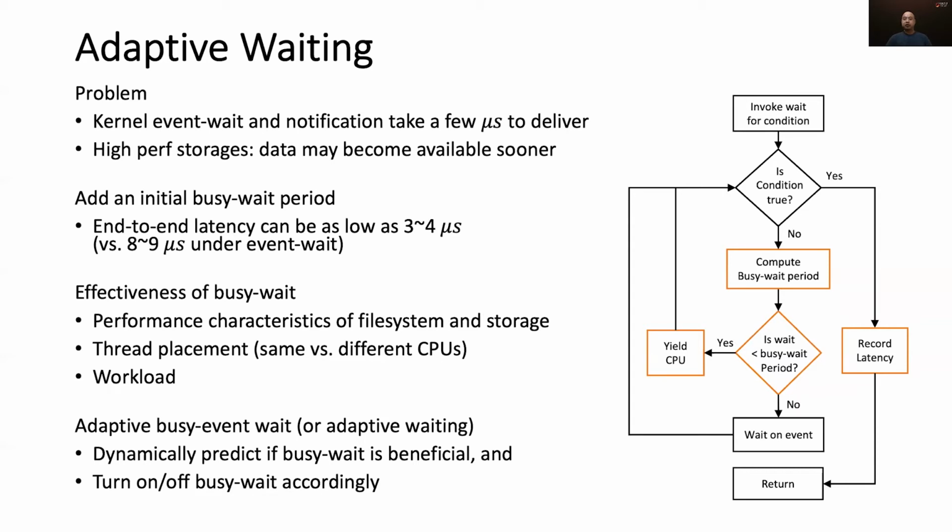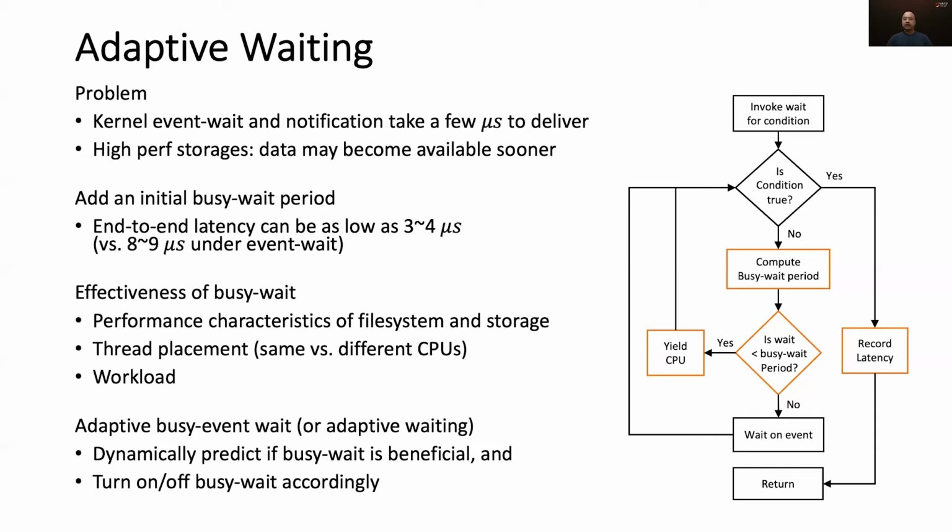This observation motivated us to add an initial busy wait period before starting to wait on an event. During the busy wait period, we check if data is available. If not, we yield the CPU and loop to check again. For high-performance storage devices, busy wait yields end-to-end latency as low as 3 or 4 microseconds.